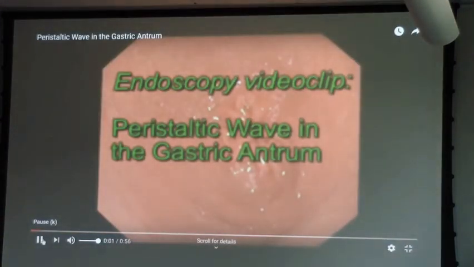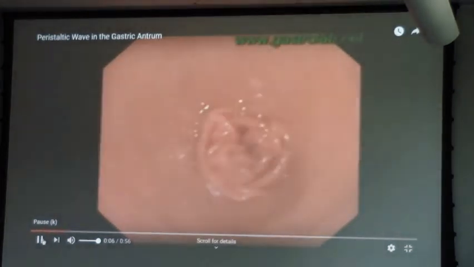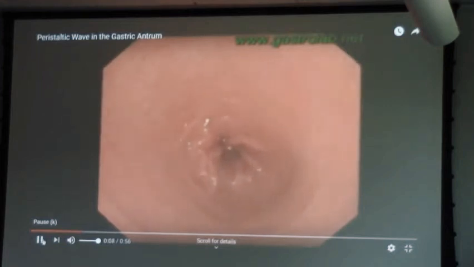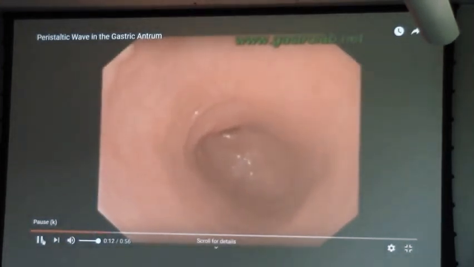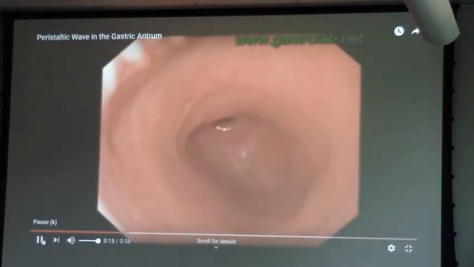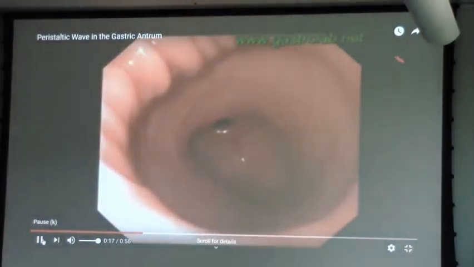So this is endoscopy. This is an actual camera introduced into somebody's stomach. Opening of this part of the stomach. Relaxation of smooth muscle. Now a wave of contraction.